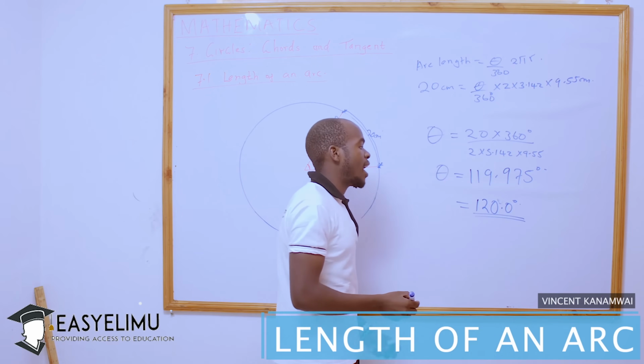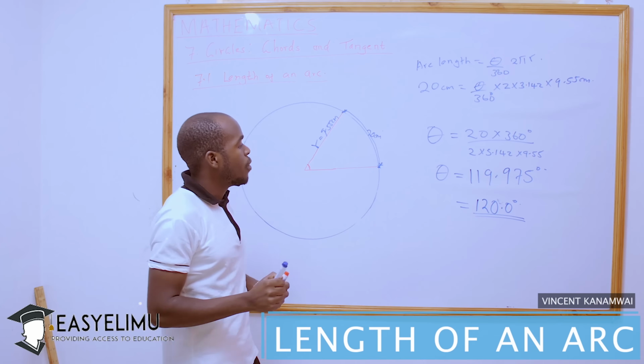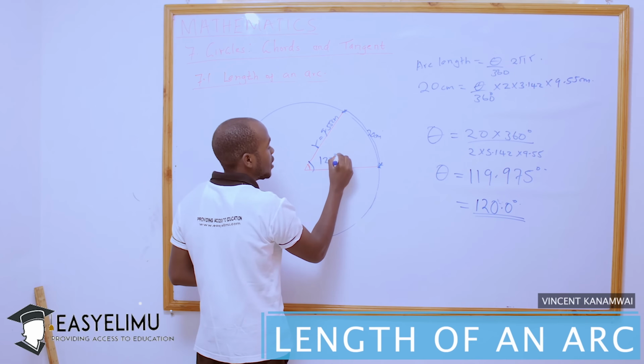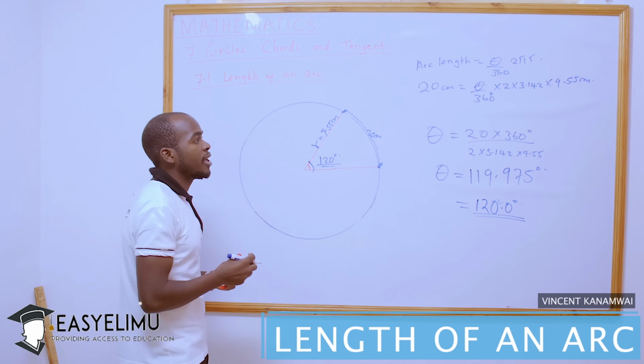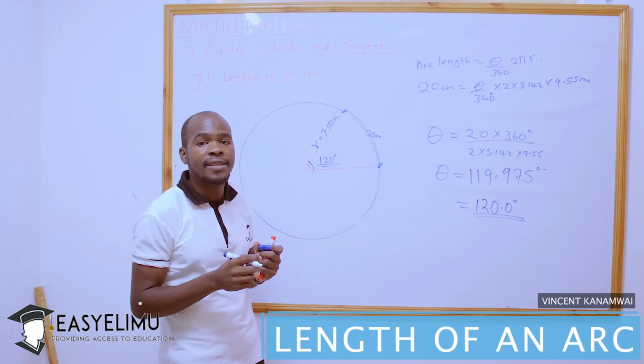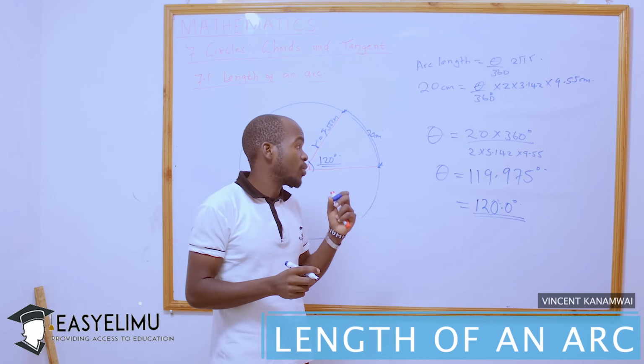So this is what we have theta to 1 decimal place. We are having this angle here as 120 degrees. That is what we find if we use the relationship between theta, radius, and the arc length.